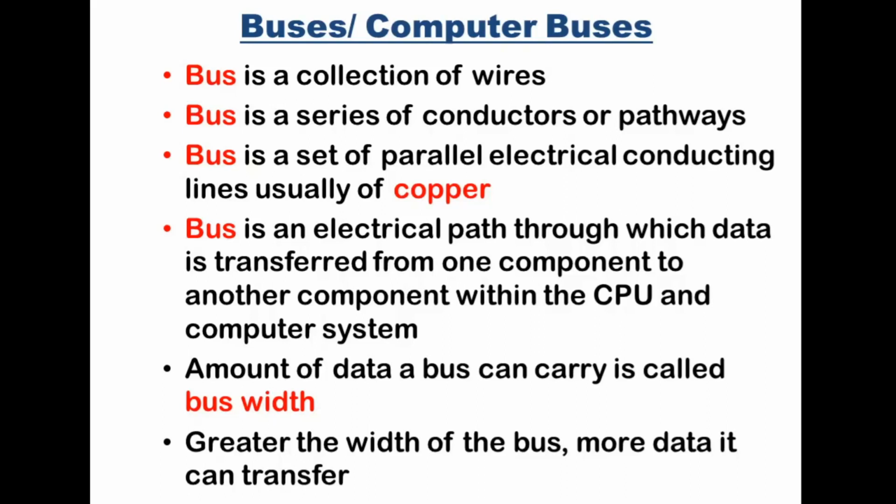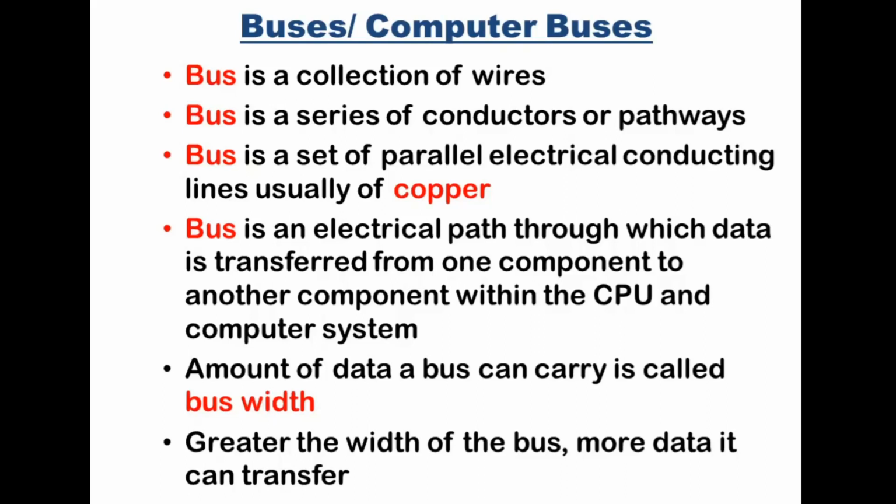Another concept related to bus is the bus width. So what is the size of the bus? The amount of data which a bus carries is called the bus width. And there is a connection between the bus width and the amount of data a bus can transmit or transfer, and that is, the greater the width of the bus, the more data it can transfer.